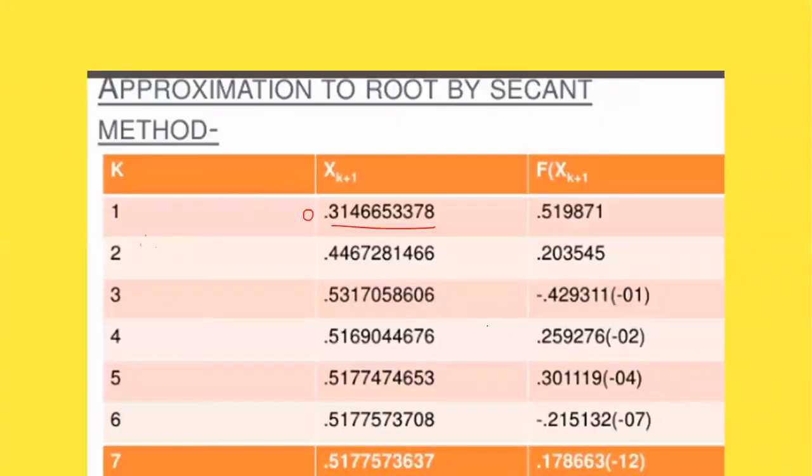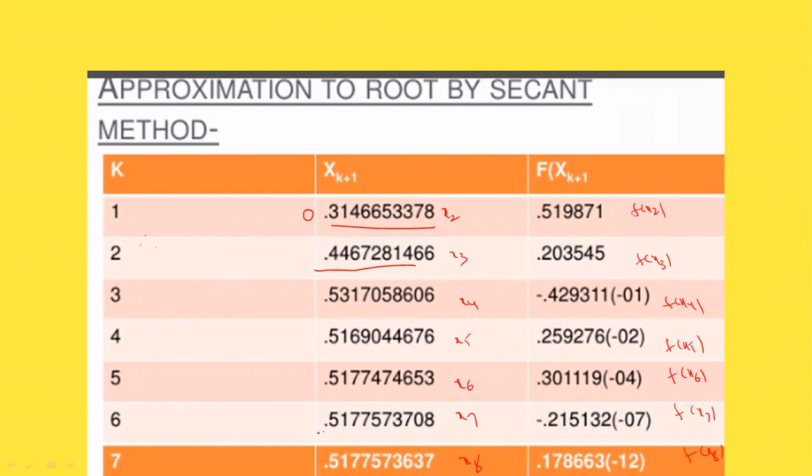If you substitute that, you will get this value 0.44. This is your x3 value, this is your x4, x5, x6, x7, x8. These are your f of x2, f of x3, up to f of x8. 8 iterations we did.